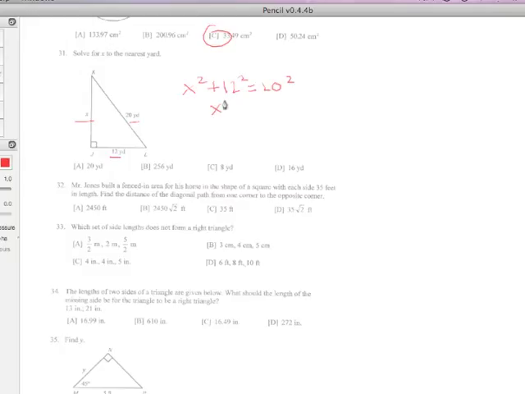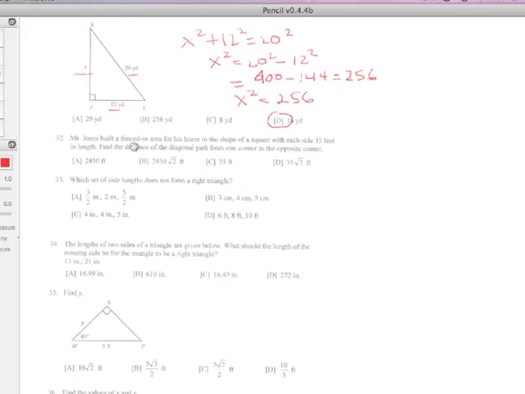So x squared is going to be 20 squared minus 12 squared, and this is 400 minus 144, and that's 256. So if x squared is 256, then x has got to be 16.